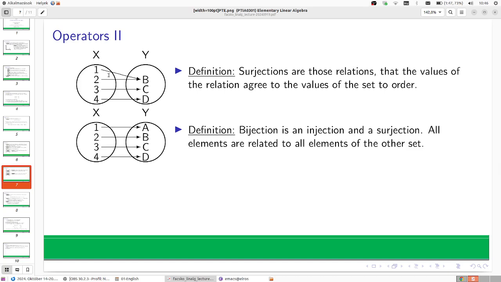If something is an injection and a surjection, then you have a bijection, and you ordered all elements of this set to the other elements.